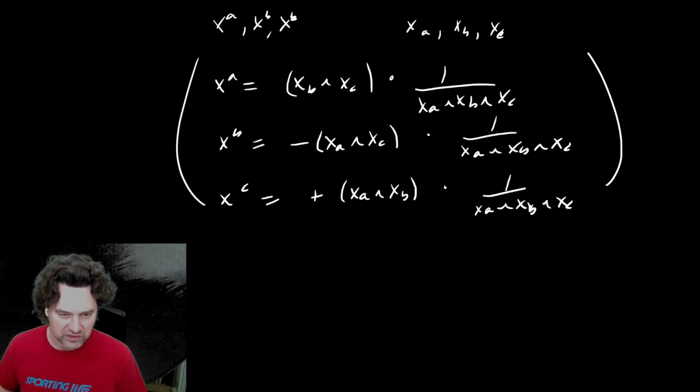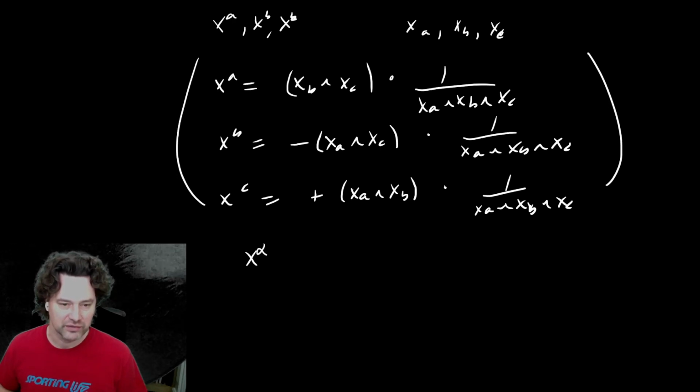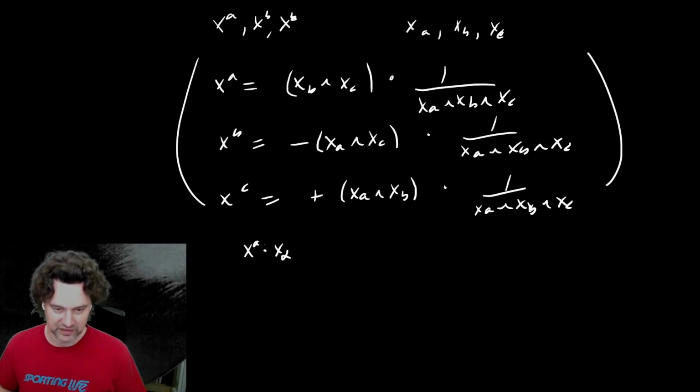And we see this works because if we take any, let's say x alpha, let's just show this works by taking the dot product with xa. So we take xa dotted with x alpha for any alpha equals a, b, c. And what do we get?